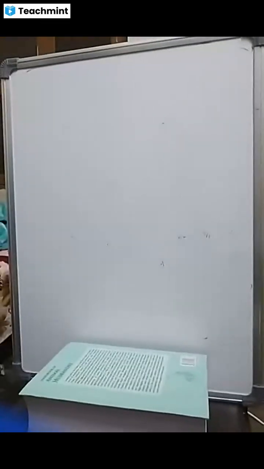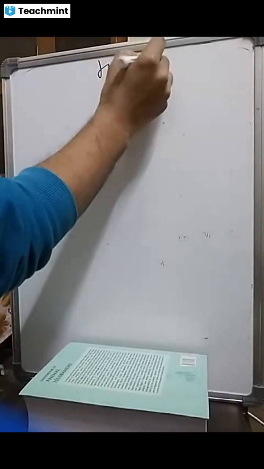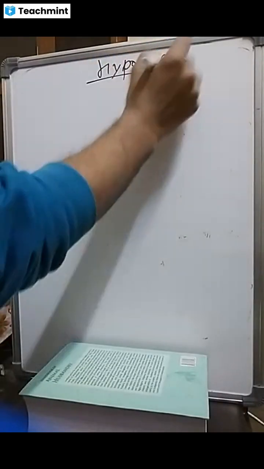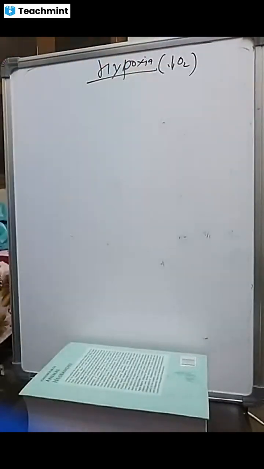So how is the reversible cell injury going? We started with hypoxia, low oxygen, the most common cause of cell injury.